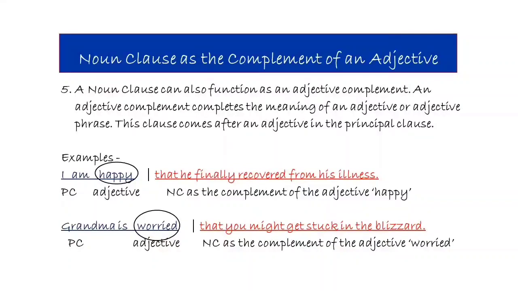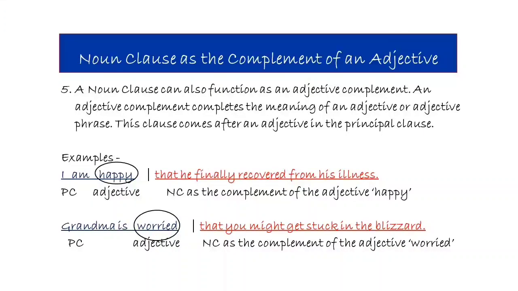Noun clause as the complement of an adjective. A noun clause can also function as an adjective complement. An adjective complement completes the meaning of an adjective or adjective phrase. This clause comes after an adjective in the principal clause. For example, I am happy that he finally recovered from his illness.